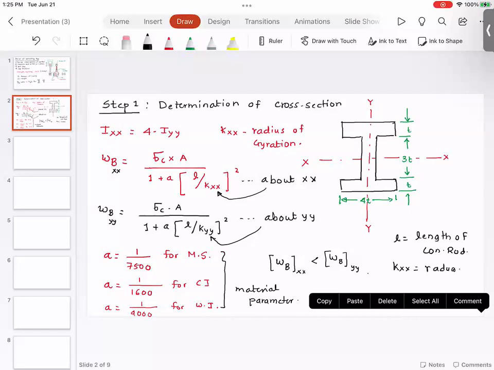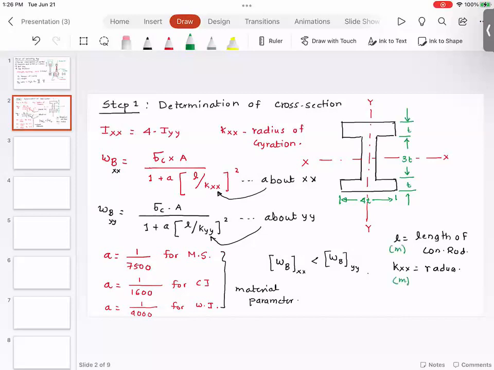So the length of the connecting rod will be in, say, meters, and radius of gyration would be in meters. So this L by K ratio is going to be dimensionless. And at the end of the day, what I want you to think about is this equation is nothing but stress multiplied by area is equal to load.